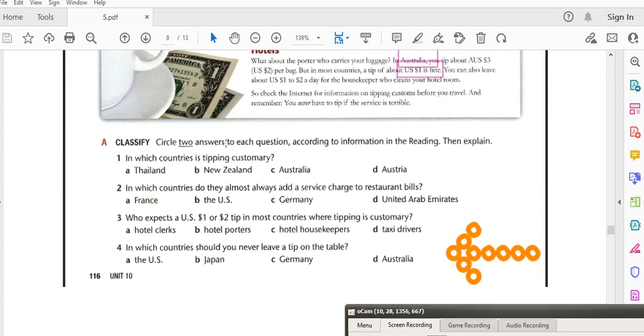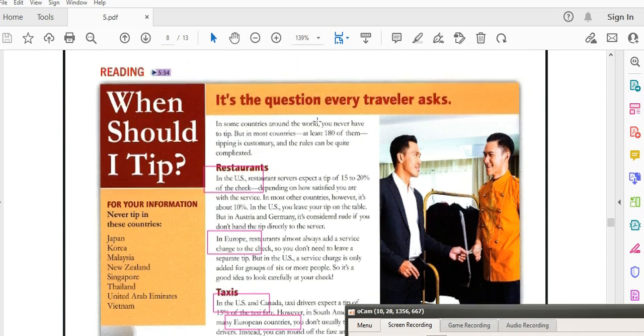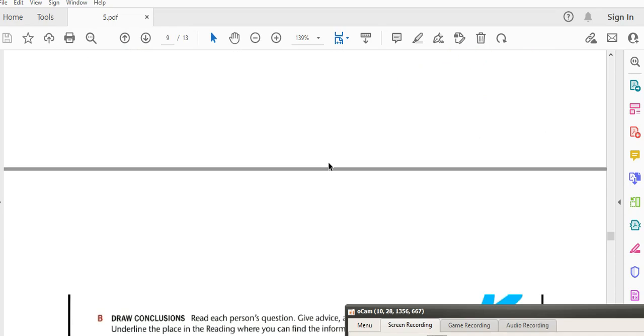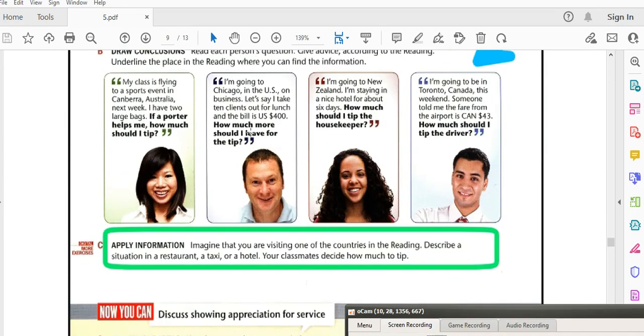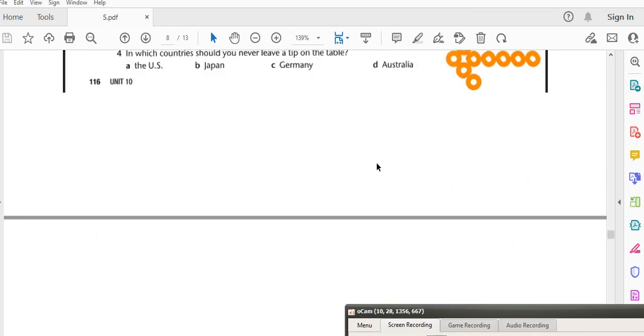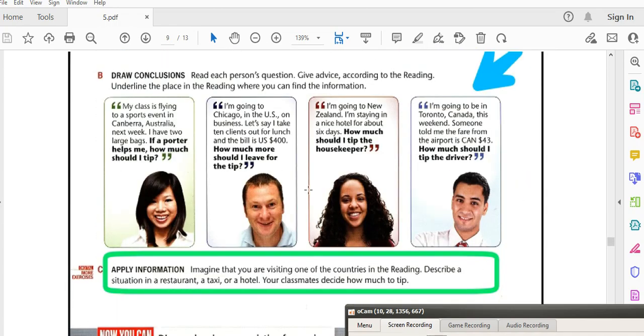You see, in Australia, take a look at hotels. In Australia, you should tip about $3 per bag. So complete the information of each part based on the information that we just read in the text. Write each one near each quotation, take a photo and send it to me.